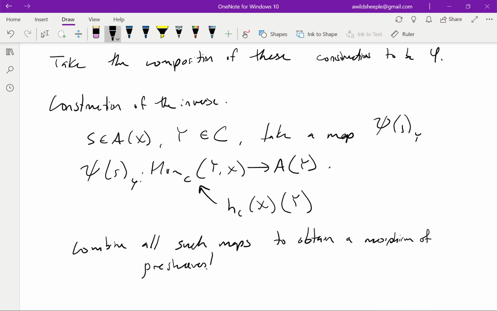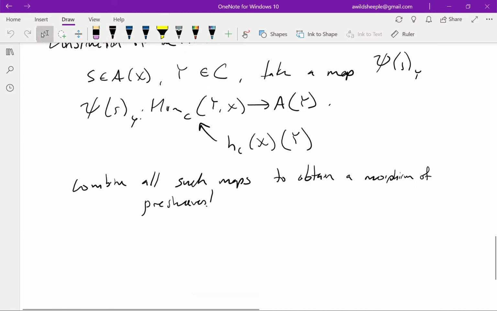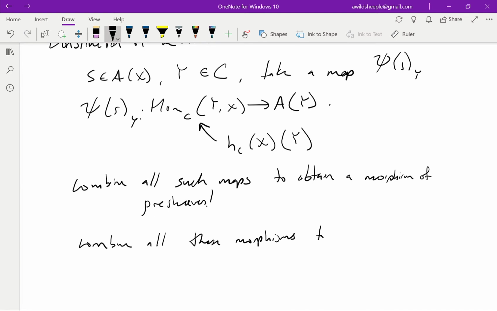And then once we have this, we can put these together and obtain a map. And what does this map do?